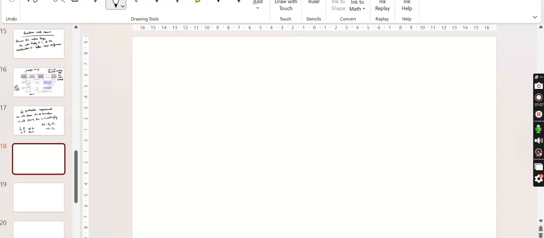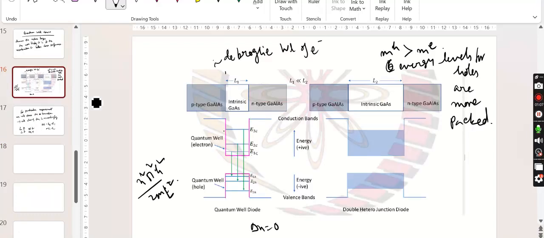So when L far exceeds the de Broglie wavelength of the electron, the levels become so closely packed as to turn into an energy band, so this becomes a band. That is the signature of the double heterojunction.